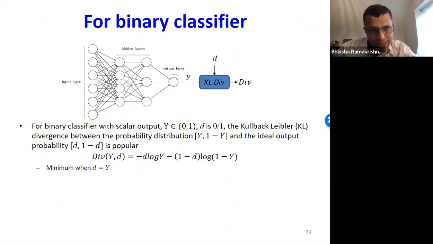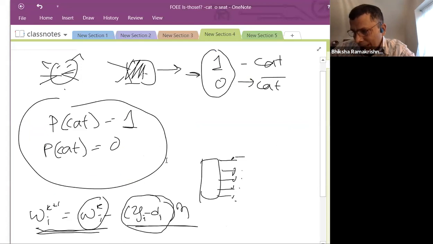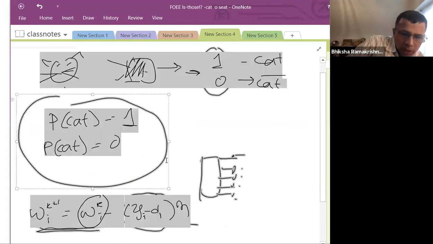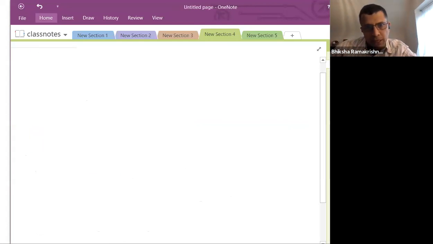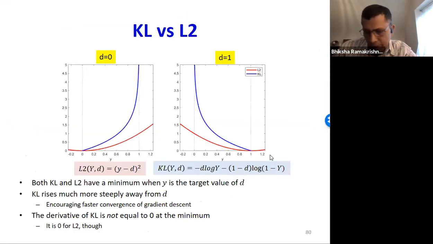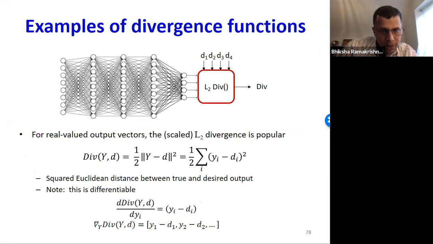For binary classifiers, this is the last thing we will do today, so stay with me. I have a couple of different ways of thinking about it. Remember, what we saw in the previous slide was for when we are trying to make real valued predictions. That is when we use the Euclidean distance, the L2 divergence.